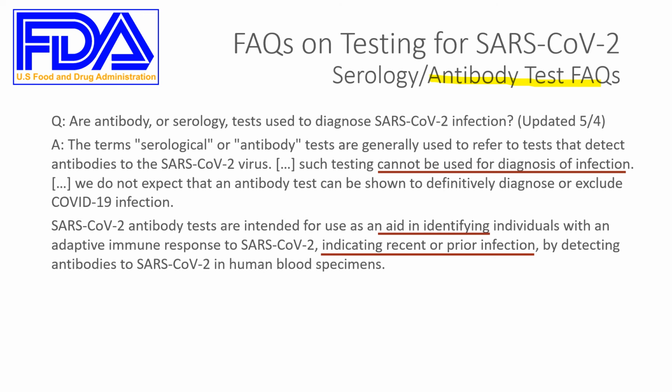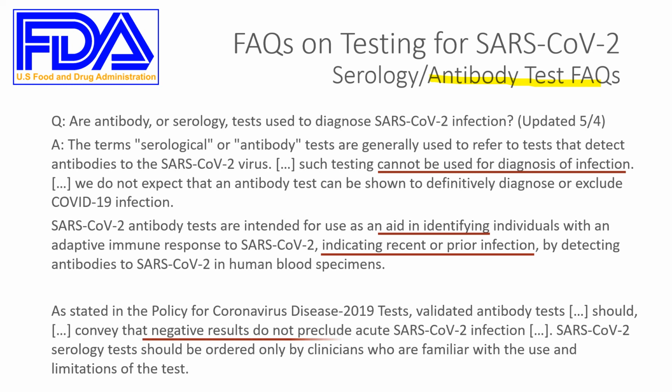So for now, it's a tool for understanding the epidemiology and the science of the human response to the virus. But it's important to know that if you have a negative antibody test, it does not mean that you do not have active SARS-CoV-2 infection. You need the RNA test for that.